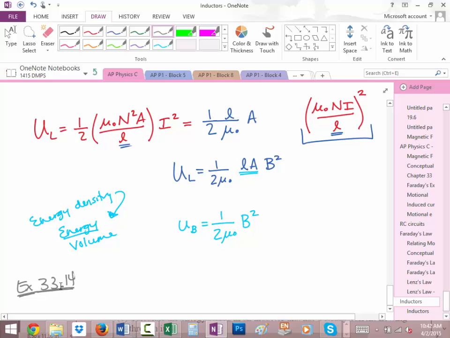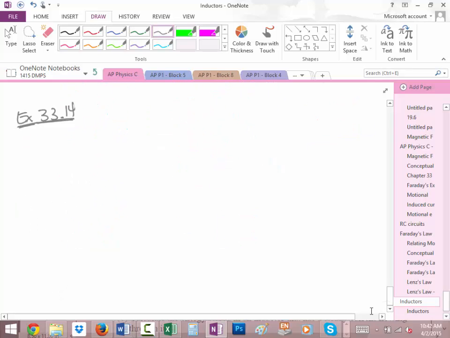The 10 microhenry inductor that we had in the first example, the same one we had before, was how long? Do you remember? 5.7 centimeters. You guys have such good memories. And it had a diameter of what? 4 millimeters.